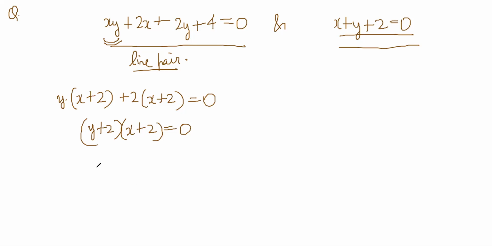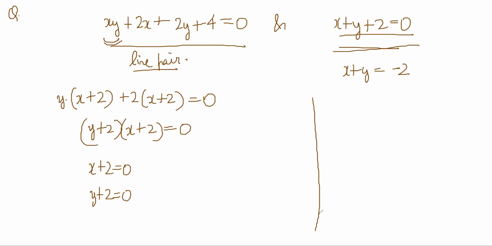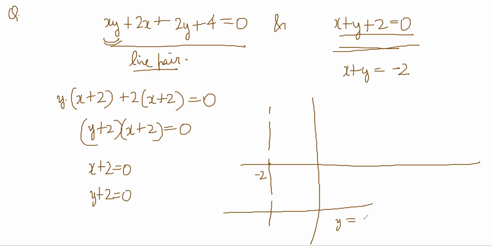So the lines are x plus 2 is equal to 0 and y plus 2 is equal to 0, and the third line is x plus y is equal to -2. So x is equal to -2 is a line like this, y is equal to -2 is a line like this, and x plus y is equal to -2 is a line like this.